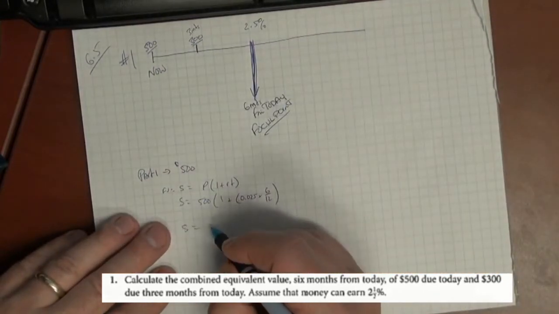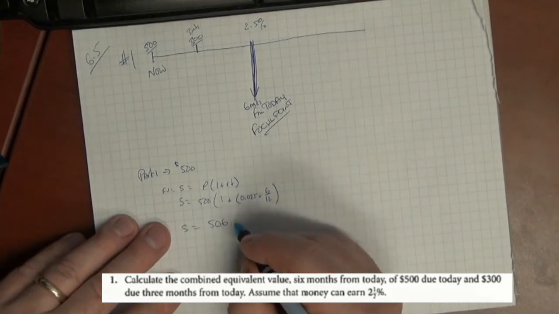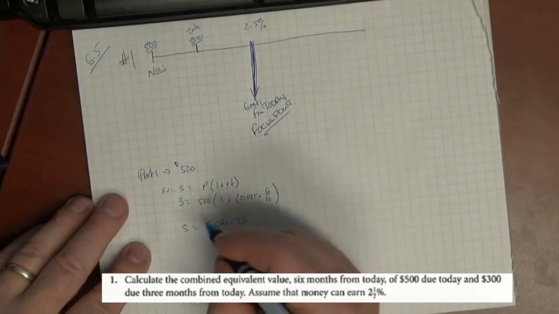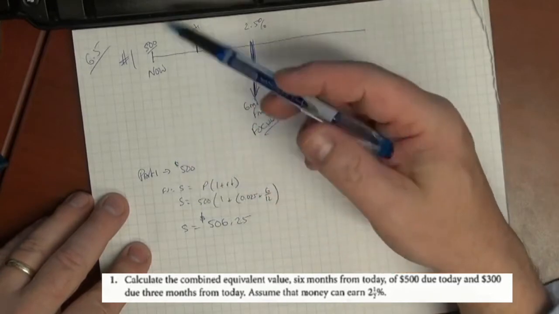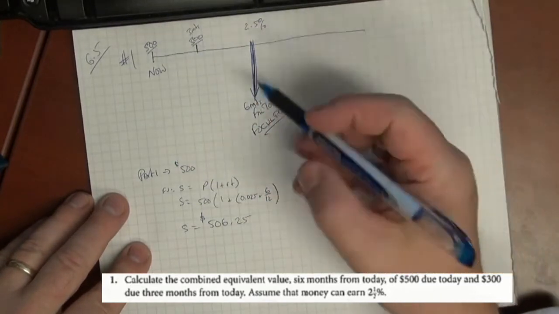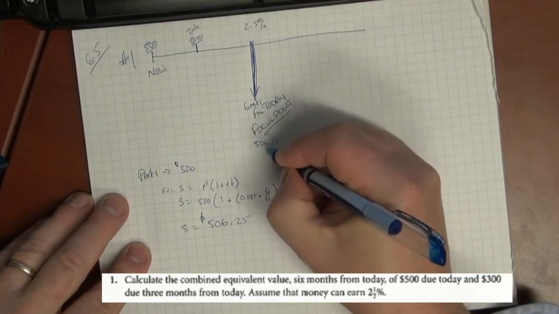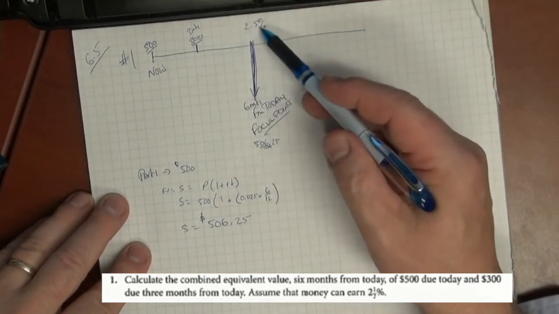So we crunch numbers on that, and S is 506.25. So in other words, that $500 put into the bank today will be worth $506.25 in 6 months' time at the rate of 2.5%.